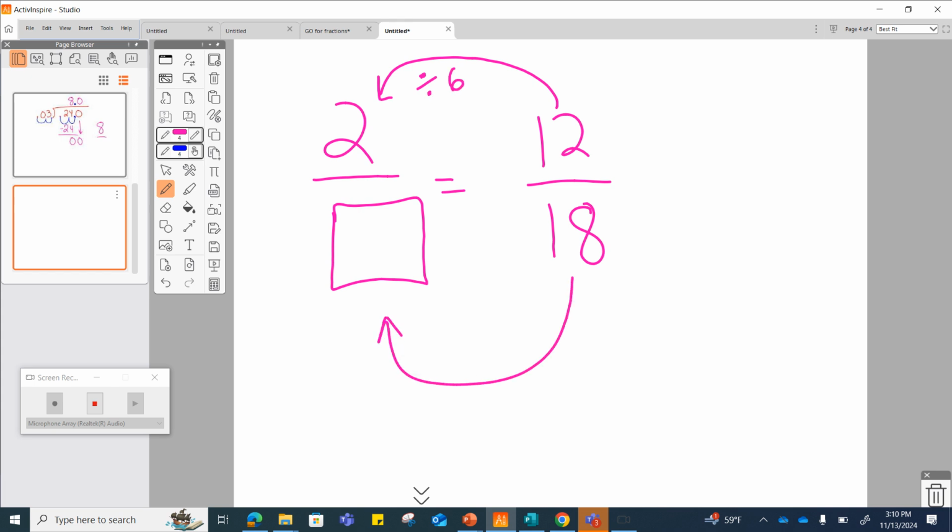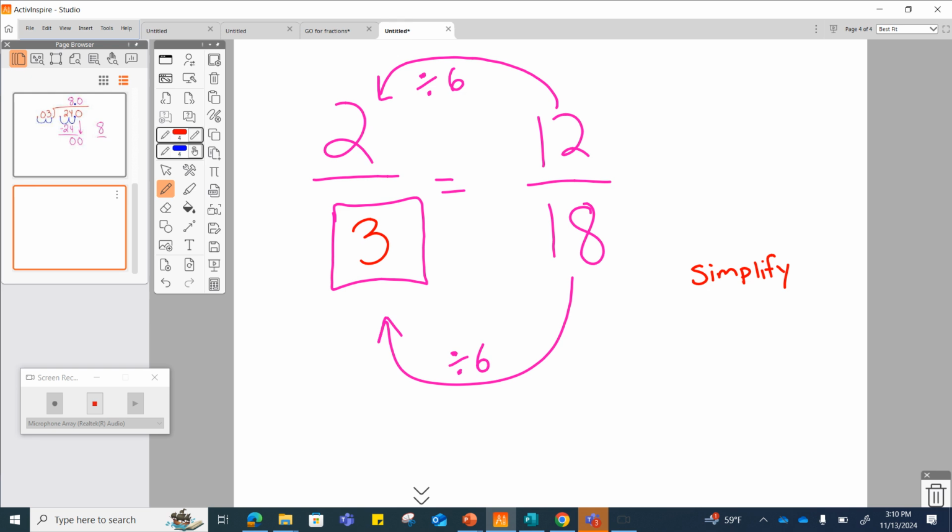So I'm going to do the same thing on the bottom. 18 divided by 6 is 3. I have made an equivalent fraction. I actually simplified it.